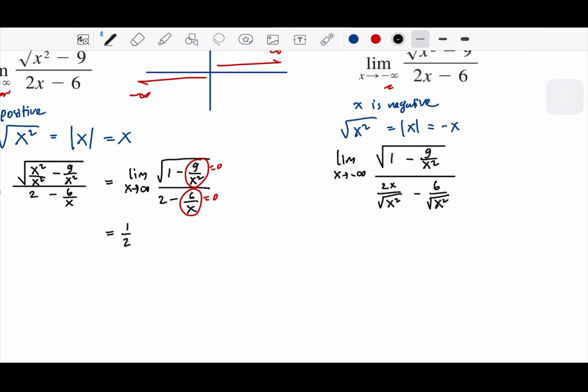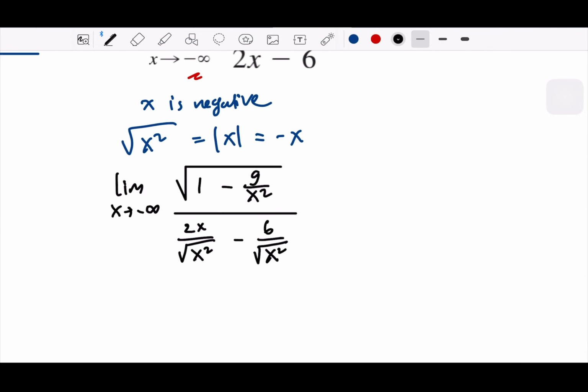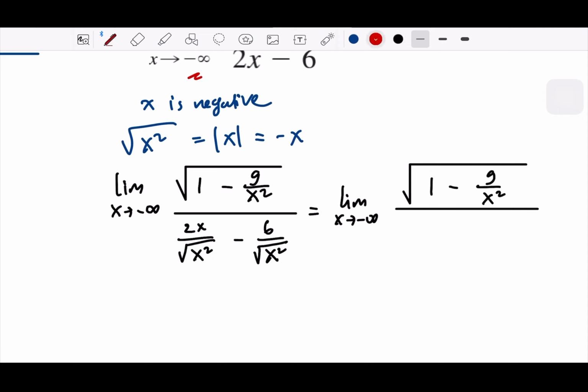Okay. So we are going to have, let me write slowly here, negative 2 plus 6 over x.